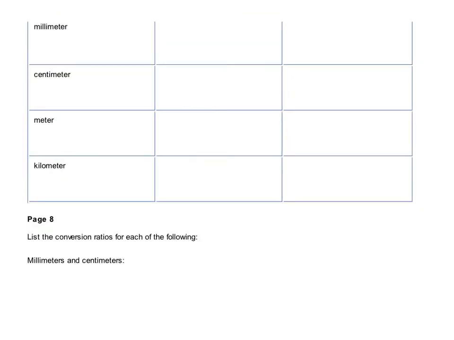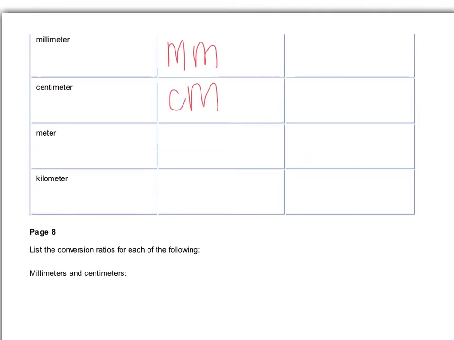The abbreviation for millimeter is mm. The abbreviation for centimeter is cm, and it's 1/100th of a meter. What that means is there are 100 centimeters in a meter.